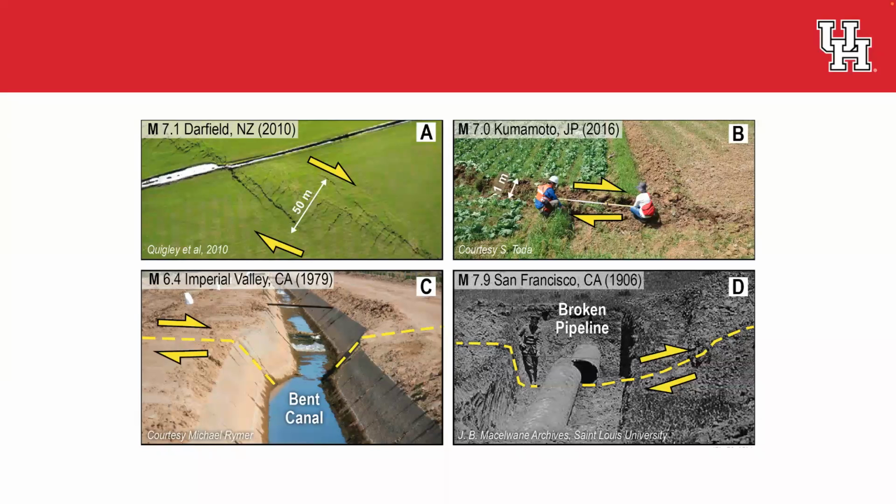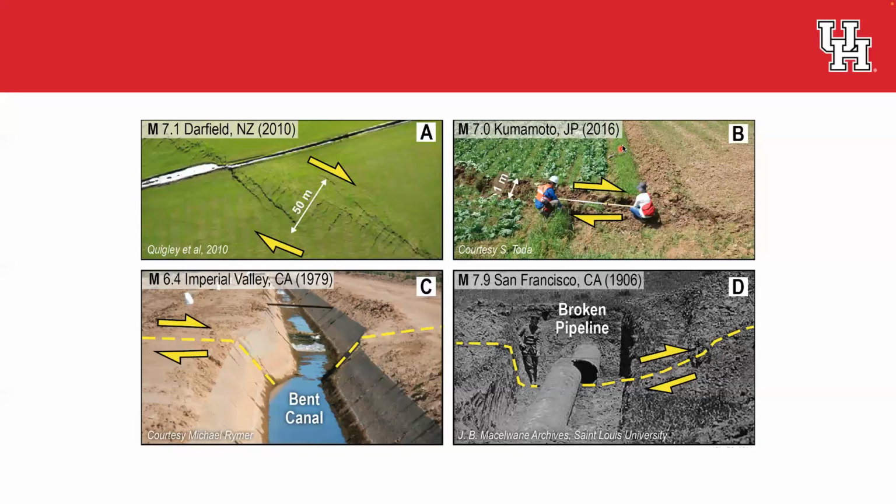These pictures, A, B, C, and D, are from 4 different earthquakes, fairly similar size in terms of magnitude, but you'll notice some very striking differences between them. The Darfield earthquake in New Zealand here, the area of deformation on the surface is almost 50 meters wide.